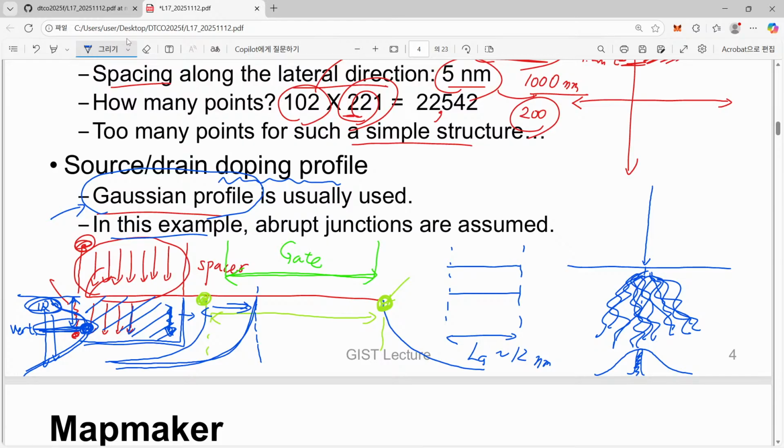Maybe that is the more or less agreed value for the ultimate channel length. Of course, last year, IDM and some VLSI companies showed that we can reduce the channel length down to 6 nanometer. Even with a 6 nanometer channel length, we can have a device working properly.